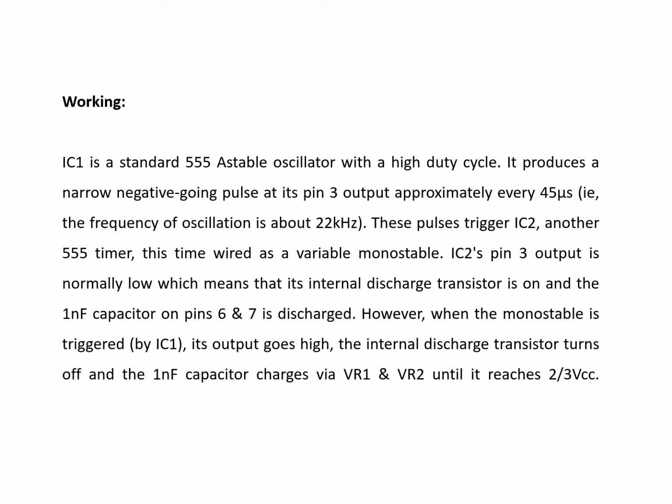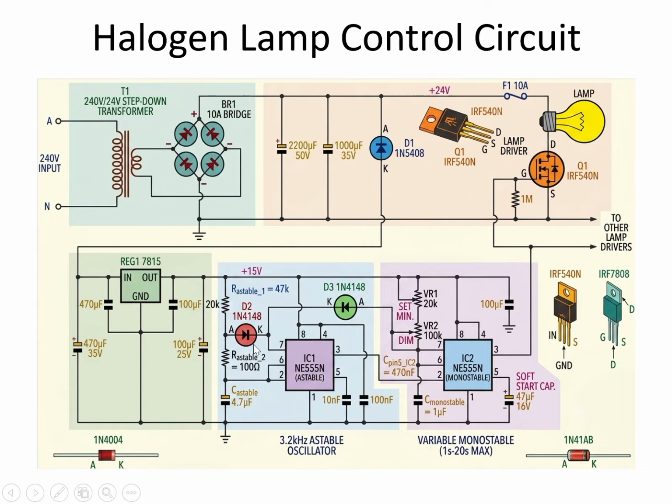So in case of protection, to save this, we have to give some protective components, right? That's why we are putting here D1, D2 and D3, then again this fuse, etc. D1 is provided for freewheeling.